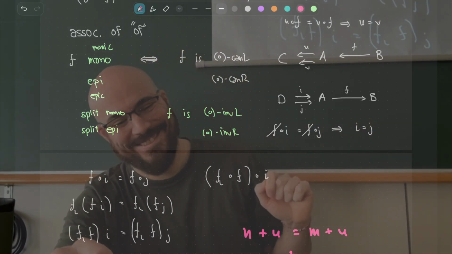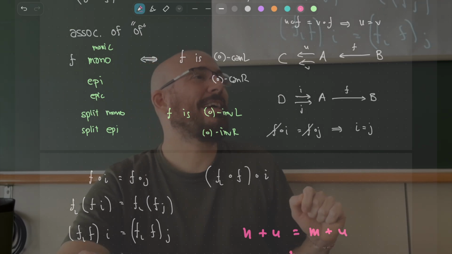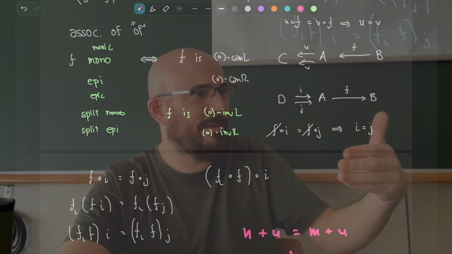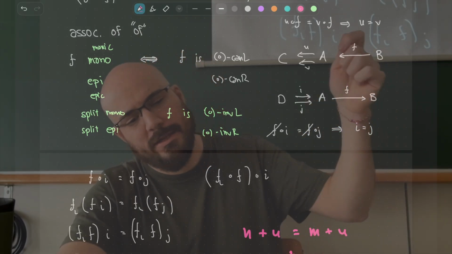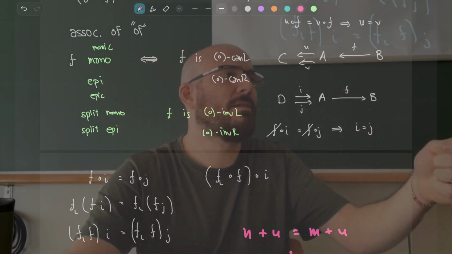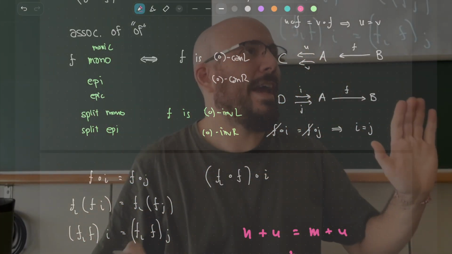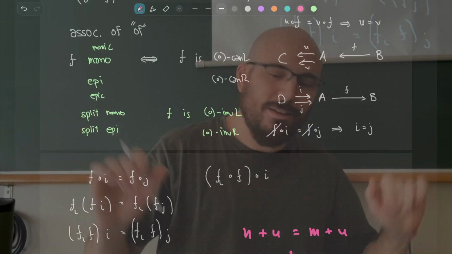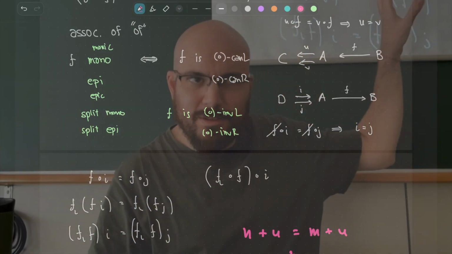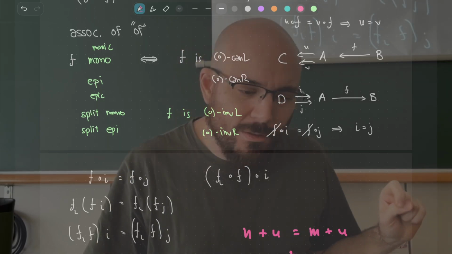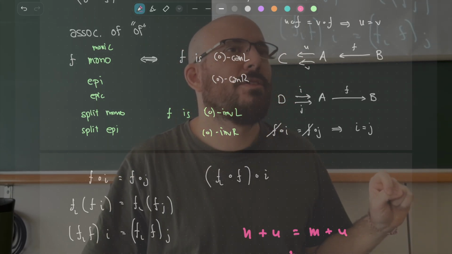There are categories where this happens. Like in the world of sets, mono and epi end up being equivalent to iso, but the meanings are always the meanings we have defined here. So if there are no further questions, we can stop here.